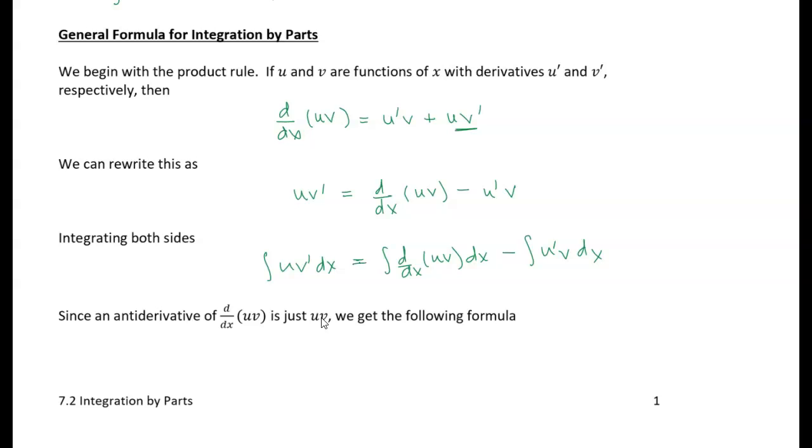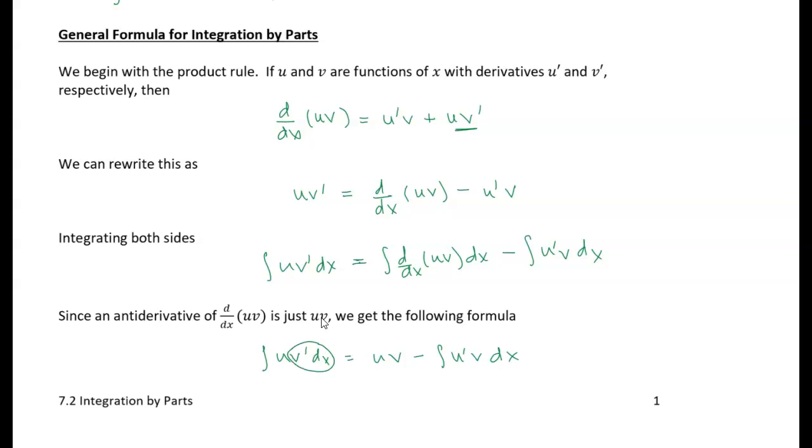Now, like we did in those previous examples, this integral of the derivative just gives us that uv function. So we can rewrite this as the integral of u v prime dx is equal to uv minus the integral of u prime v dx. Now that's essentially the formula for integrating by parts, but there's a more concise way of writing it.